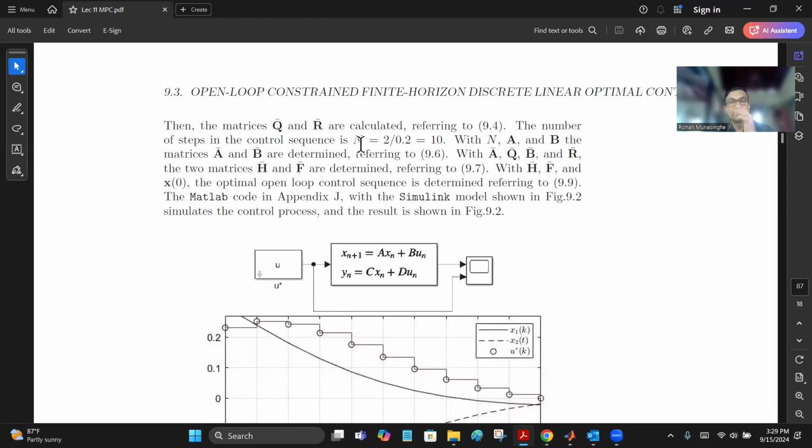Number of steps in this discrete sequence is 10 actually, because it's a 2 second control duration and sampling interval is 0.2 seconds. So only 10 steps. Okay, then A and B, using A and B, you can calculate A bar, B bar, A bar, Q bar, B bar, and R bar. Then you can calculate H bar, F bar.